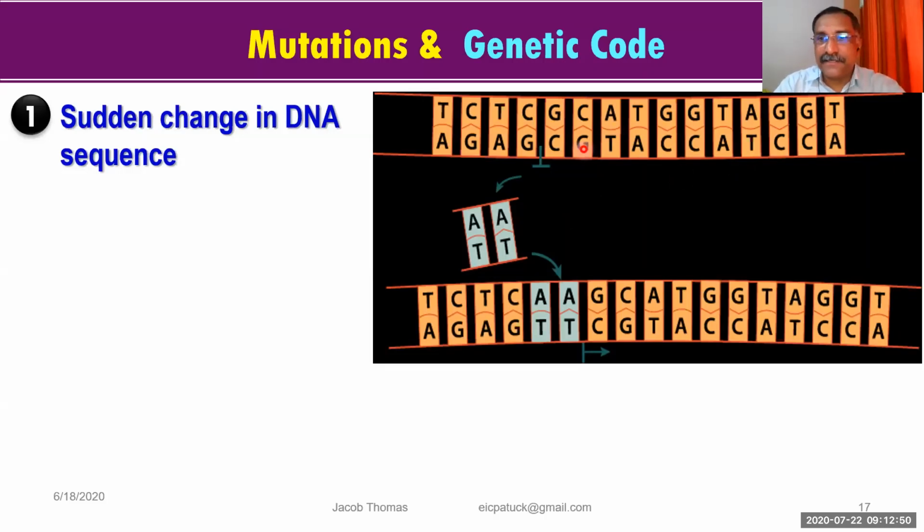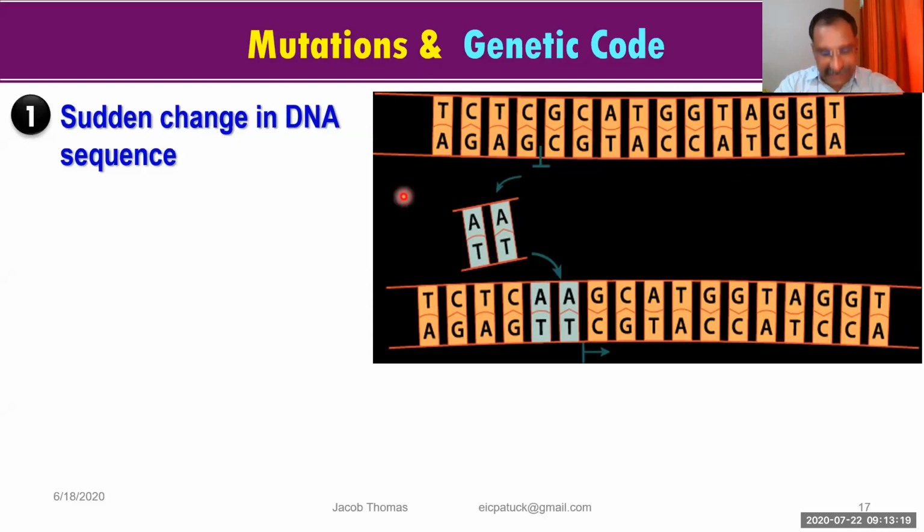If any sudden change occurs in the DNA, and if it is hereditary, if it is transmittable to the next generation, we call that mutation. So remember what I say about mutation. Mutation means a sudden heritable change in the genome.